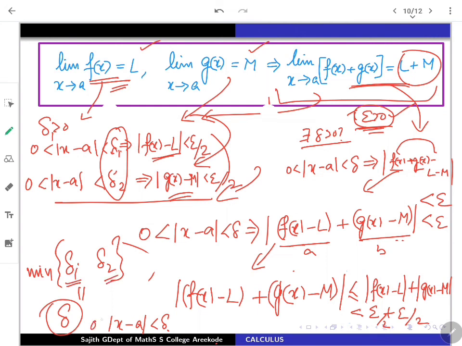So this condition will guarantee both conditions, and I will get epsilon by 2 plus epsilon by 2, so the entire quantity is less than epsilon. So whenever 0 < |x − a| < δ, I get that the modulus of f(x) + g(x) minus L + M can be made less than epsilon, which actually gives a rigorous proof.